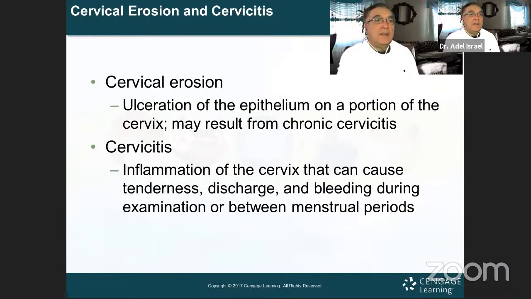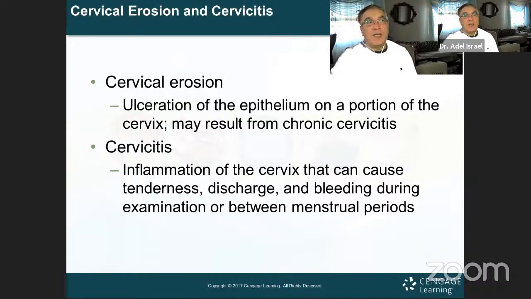A very common problem that happens to the cervix is cervical erosion. This cervical erosion is very common to happen to the lady, and it is characterized by discharge, characterized by bad odor if it is chronic cervicitis, and also it is characterized by bleeding or spotting of blood after the sexual act.